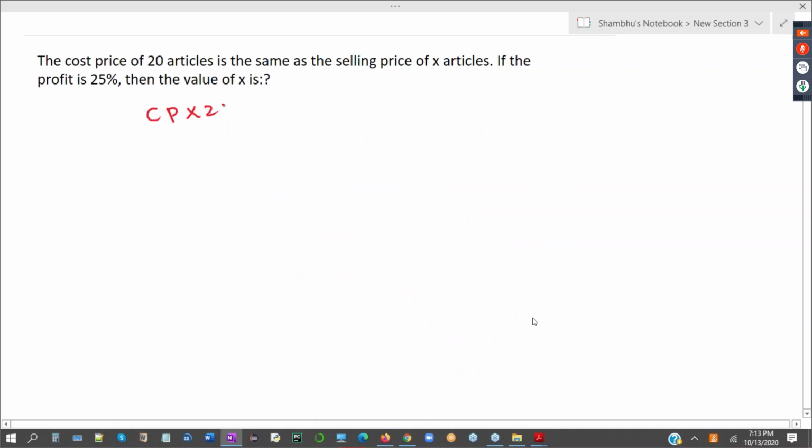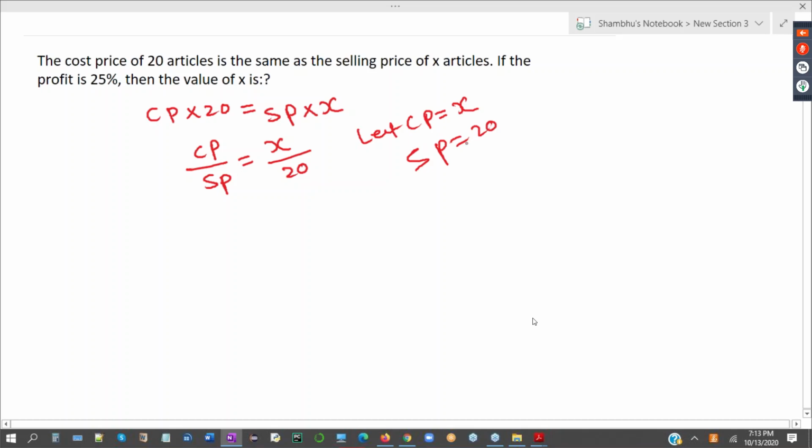Now here, CP of 20 articles is SP of X articles. Now CP divided by SP is equal to X divided by 20. So let CP be X and SP be 20. Cost price of 20 articles is the same as selling price of X articles. So now profit percent is 25%. Profit percent is profit by CP into 100.